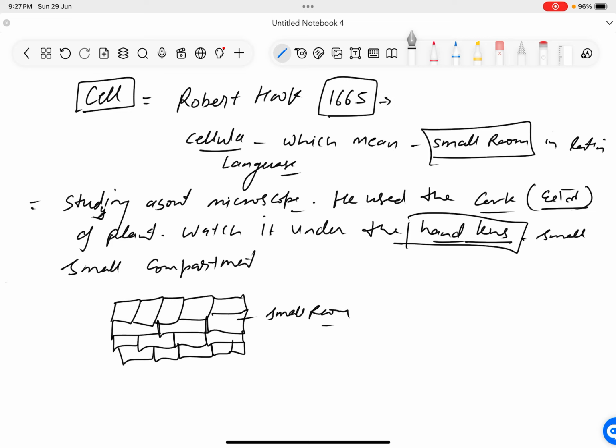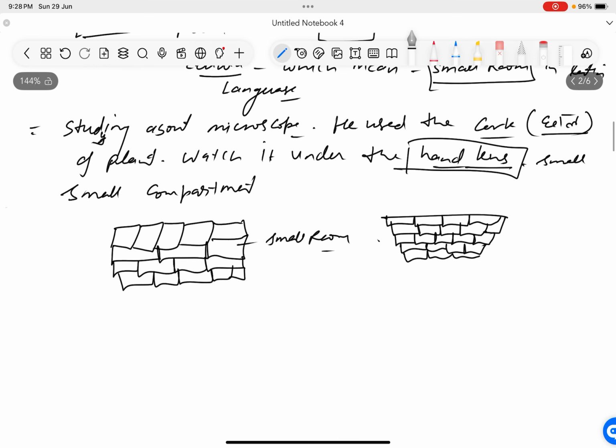Even today, if we use the microscope or cut a tissue section of plants, we see this type of organization of epidermis, endodermis, and so on. So he called them cellula, which means small room.